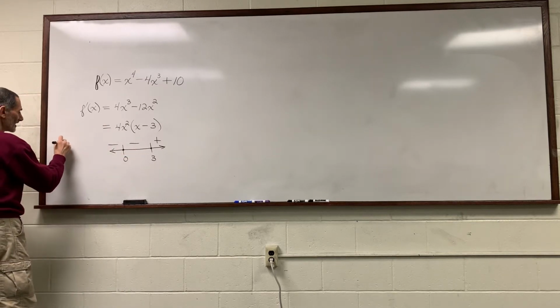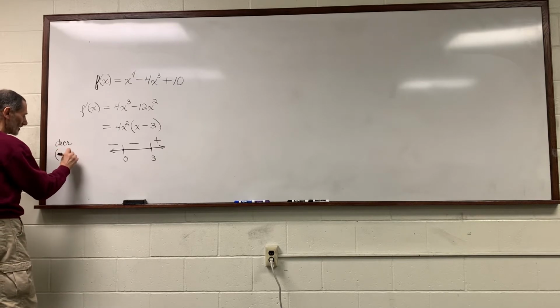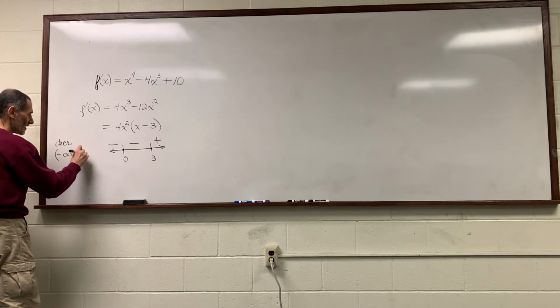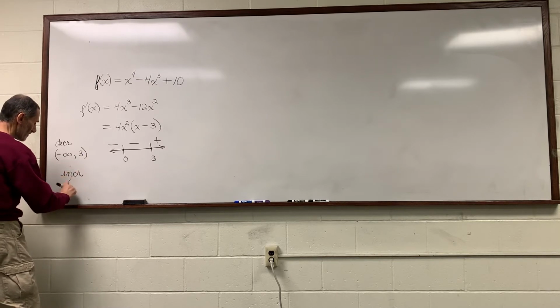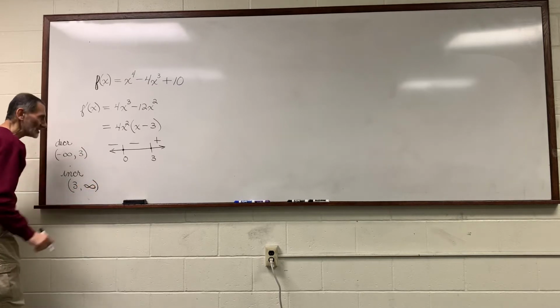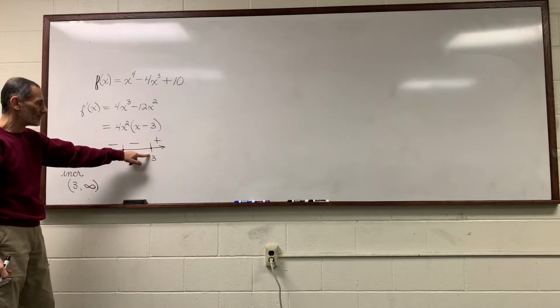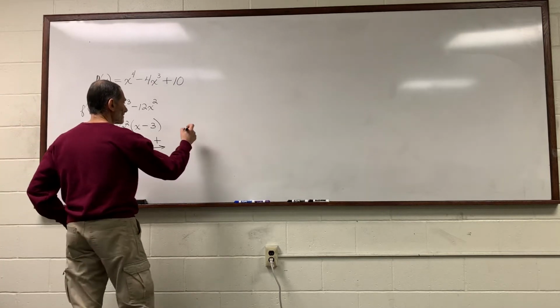The function is decreasing from negative infinity to 3 and increasing from 3 to infinity, which means that we have a local minimum. That local minimum occurs at x equals 3.